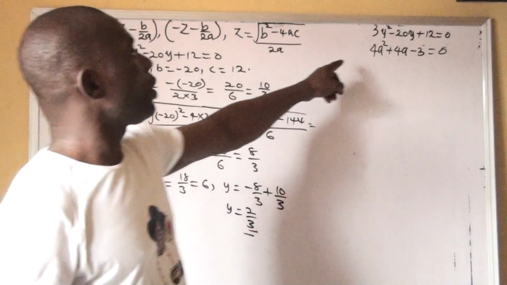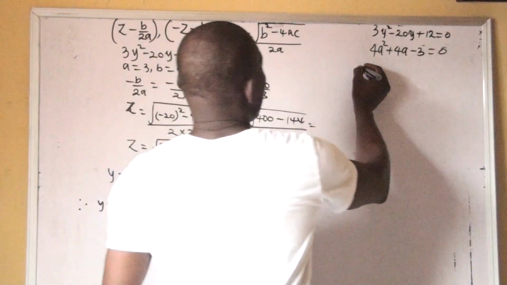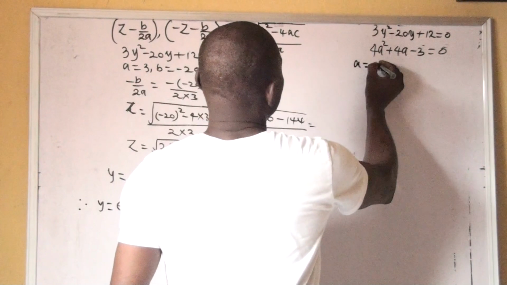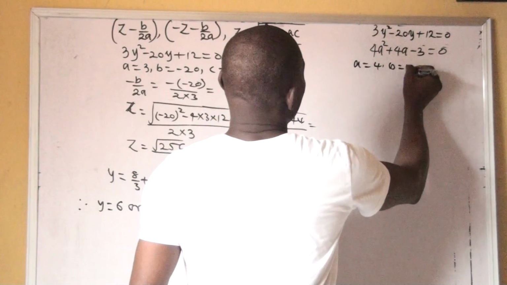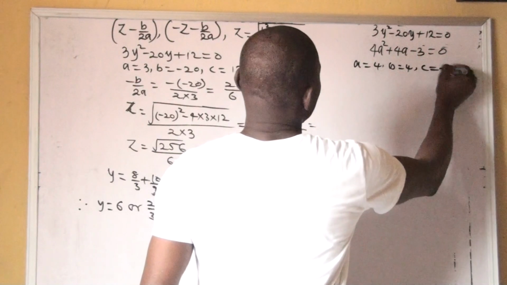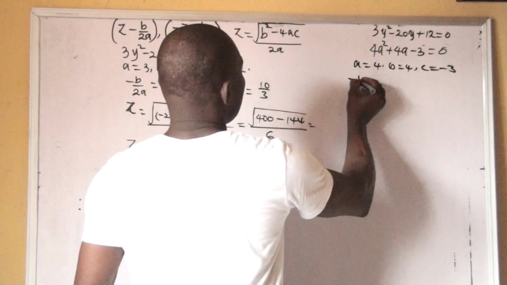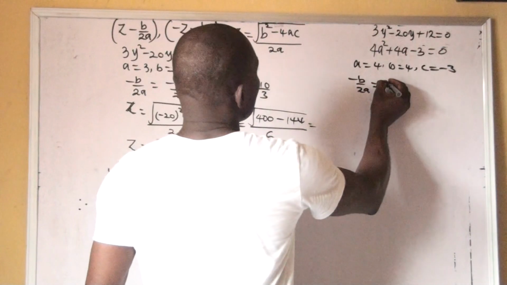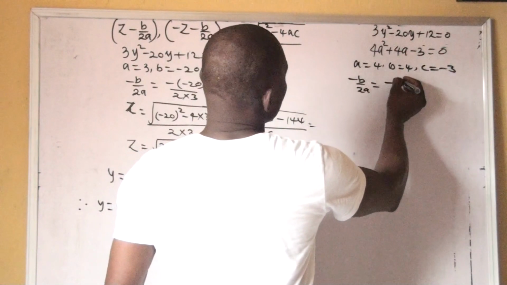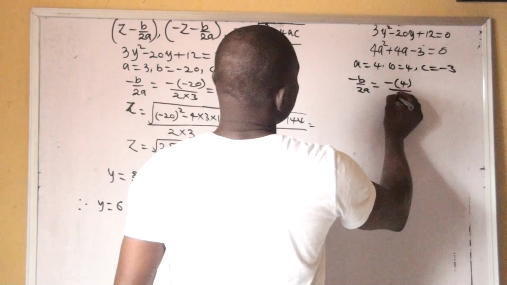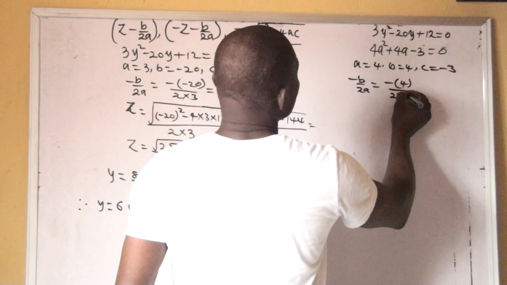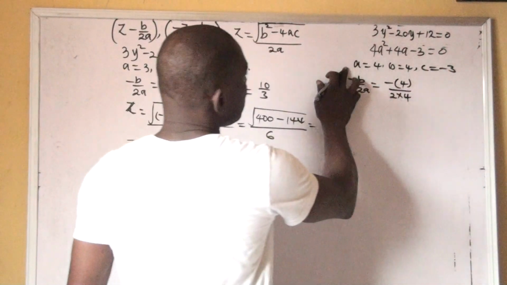Now let's look at this one quickly. Here a is 4, b is 4, and c is minus 3. So minus b over 2a is minus 4 all over 2 times 4, since a is 4.